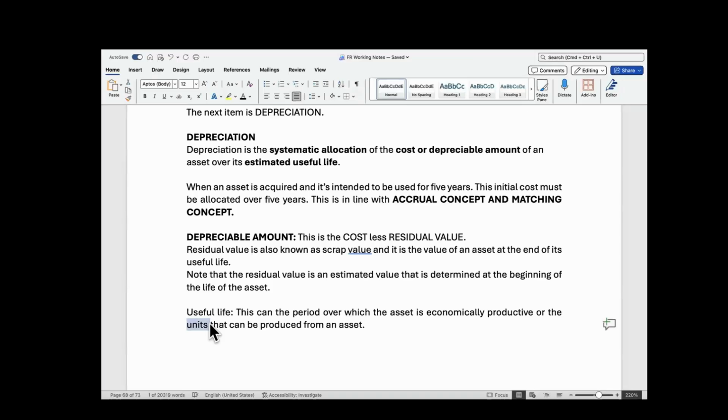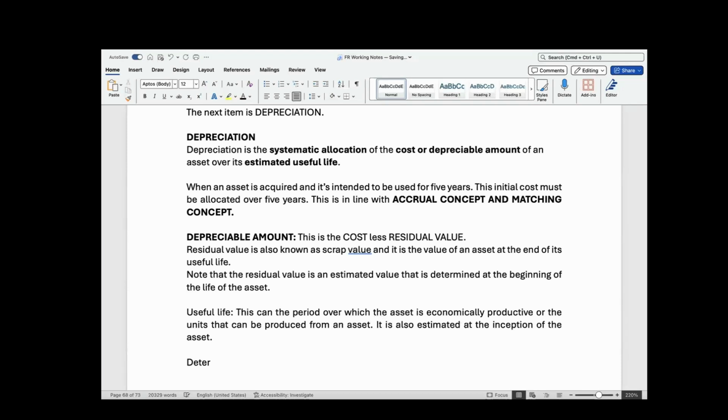That's useful life. And again, it is also estimated at the inception of the asset, at the beginning of the life of the asset.